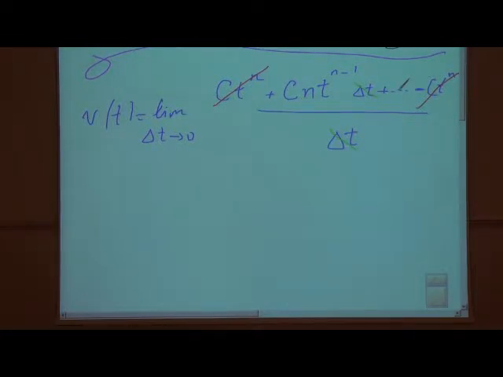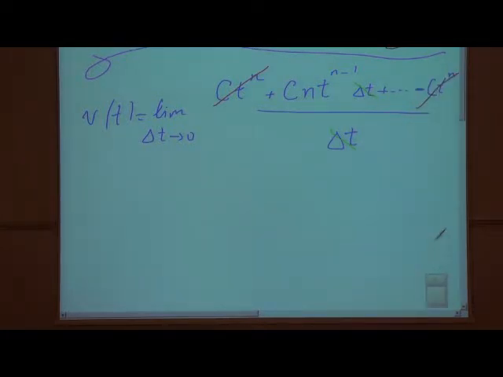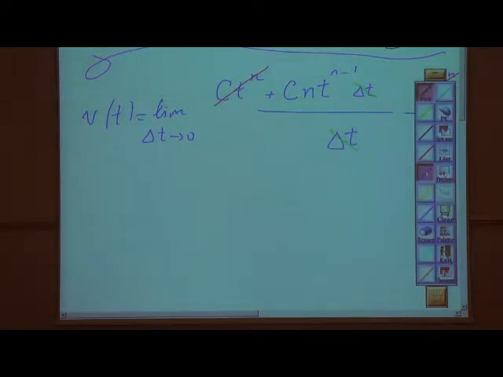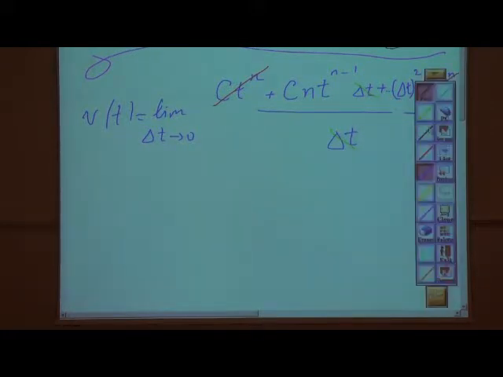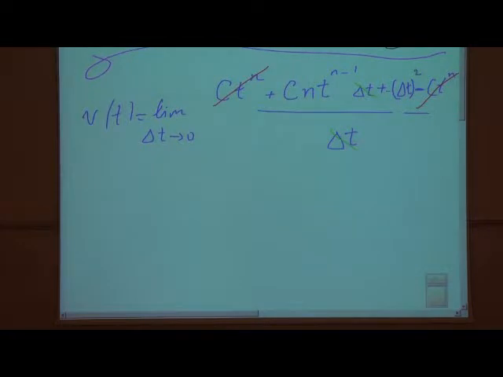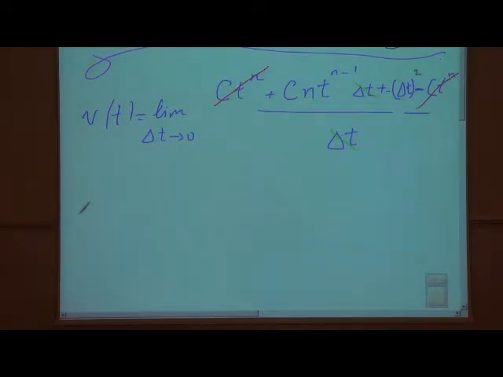In the next term, let me show you what's going on in some more detail. The next term here has some delta t squared, and the square cancels. So now I have simplified my formula.